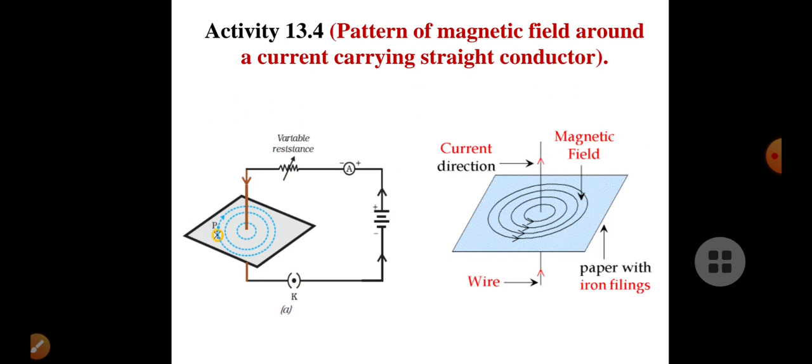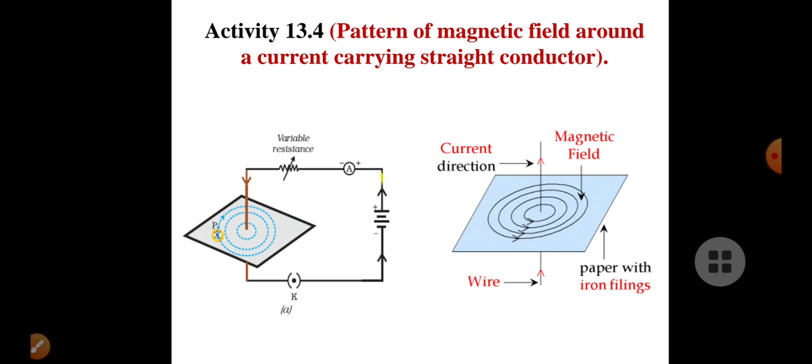We can also perform this activity by changing the number of cells. Suppose we have taken 2 cells; if we take 4 or 5 cells, what will happen? More cells mean more current will flow through the circuit.